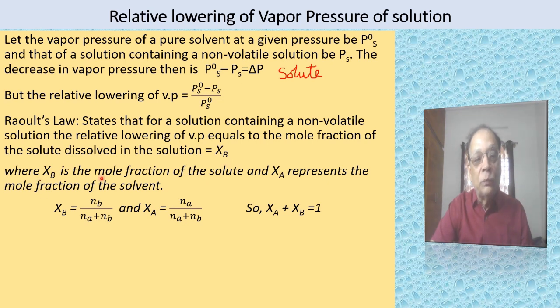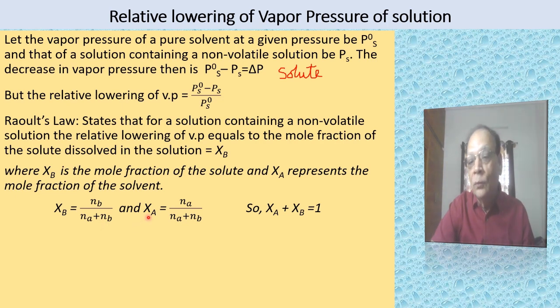Here Xb is the mole fraction of solute and Xa represents the mole fraction of the solvent. Xb is given by the number of moles of solute divided by the total number of moles of solvent and solute.